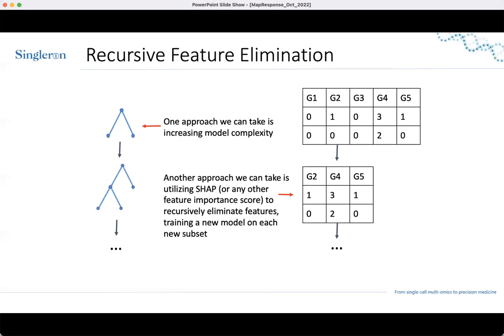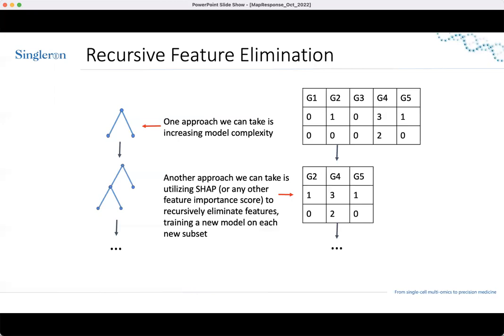So we don't just train a single model and compute some values for the variables. What we really want to do is train several different models at several different levels of complexity and then examine what the features look like relative to each level of complexity. That's one way we can look at this.